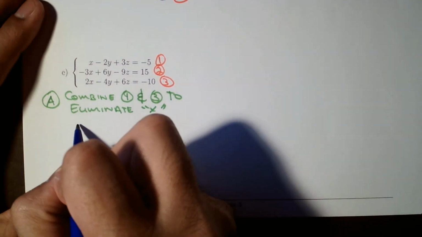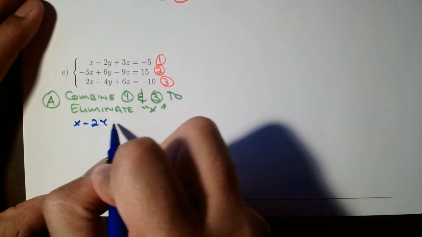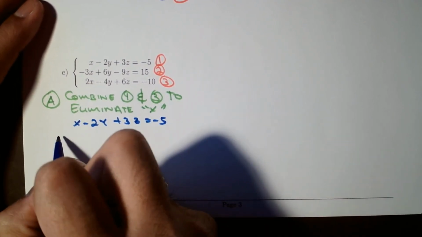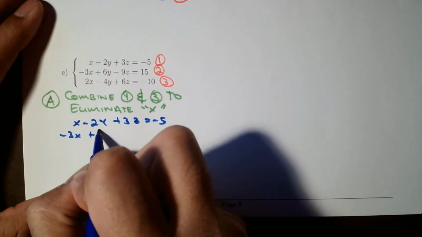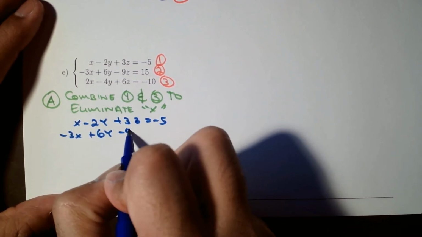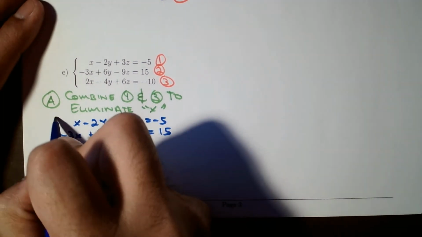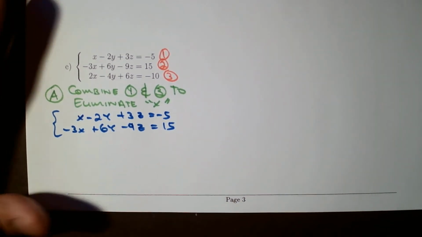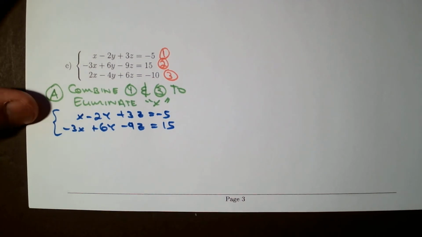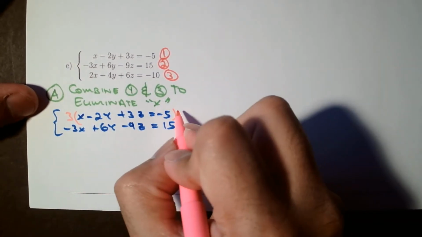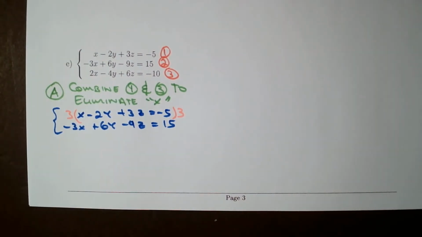So let's write them down. x minus 2y plus 3z equals negative 5, and negative 3x plus 6y minus 9z equals 15. Let's combine these two together. Let's try and eliminate the x's, and we get that by multiplying both sides by 3.